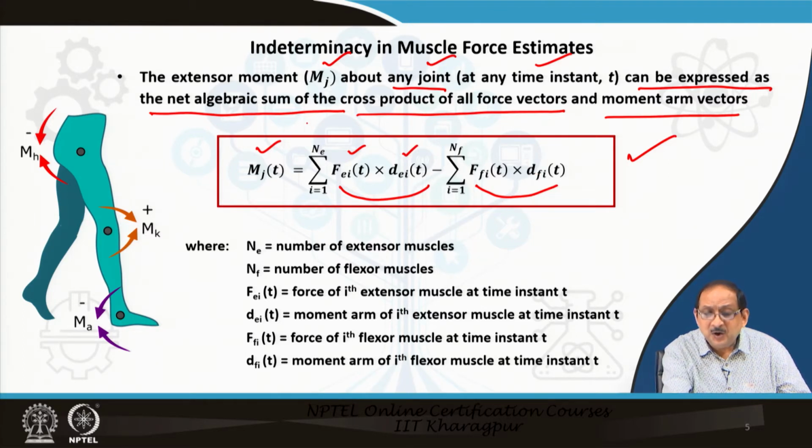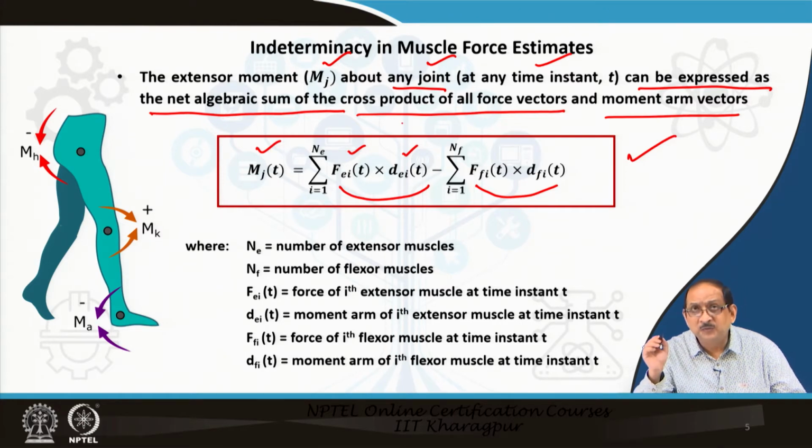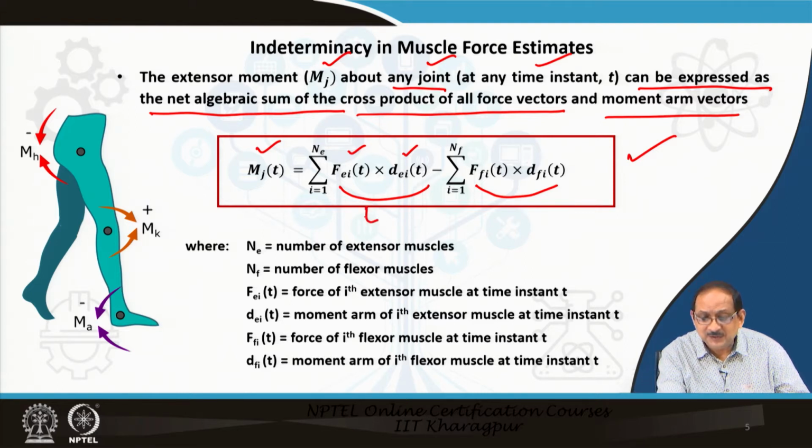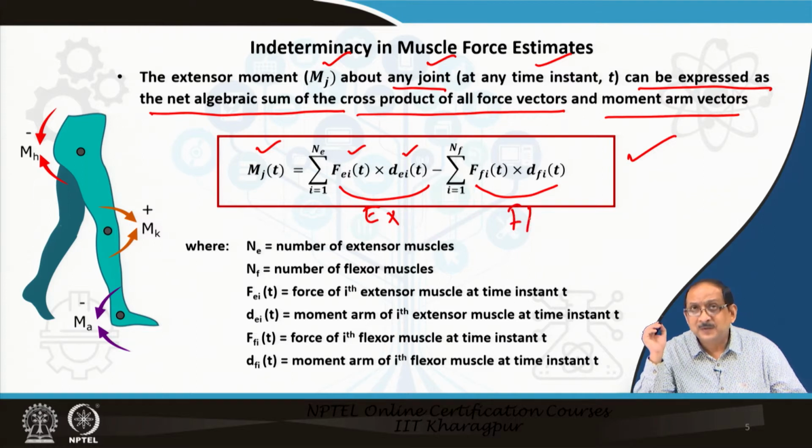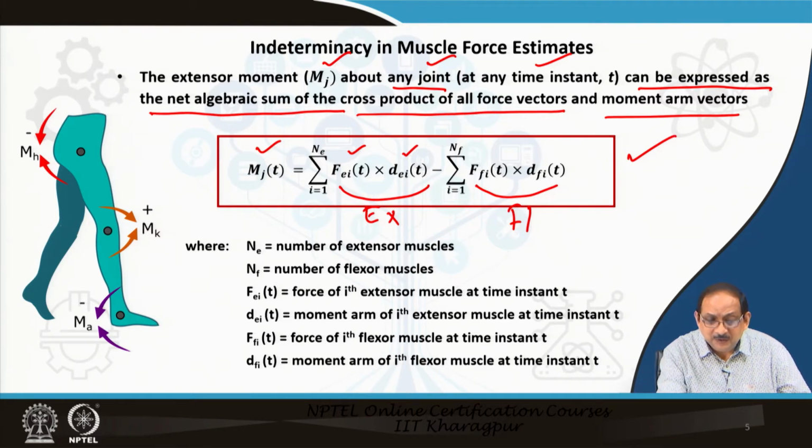The sum of the cross products of all force vectors and the moment arm vectors, extensors in this case and flexors in this case, is represented together, and we calculate the net extensor moment Mj.